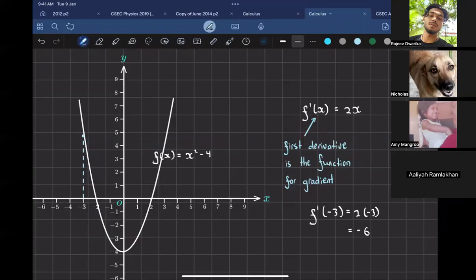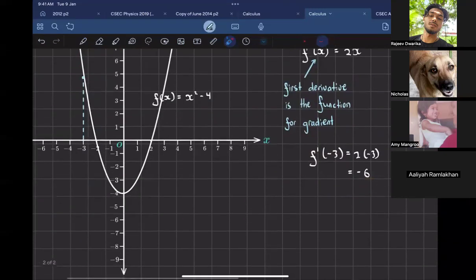And if we have our gradient in this direction, is that positive or negative? Going down, negative. And did we see for ourselves that it was negative? Yeah. So I'm going to write a little statement.